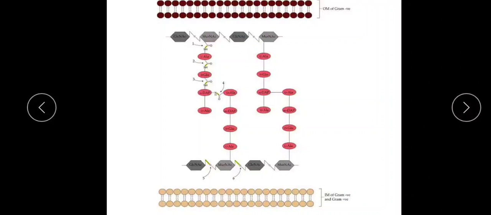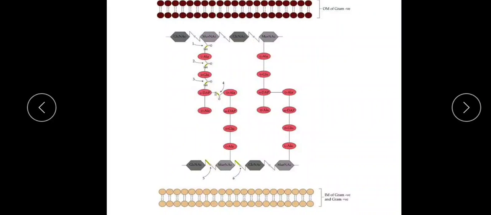What is the amino acid composition of this peptide chain? These peptide chains are attached to the carboxyl end of N-acetyl muramic acid. You can see here, this chain is attached to NAM, at the carboxylic end of N-acetyl muramic acid.